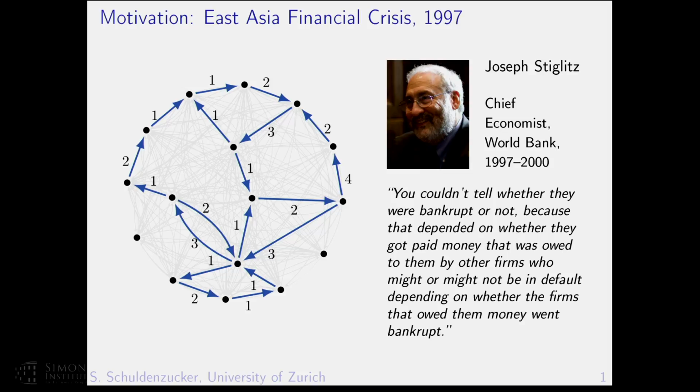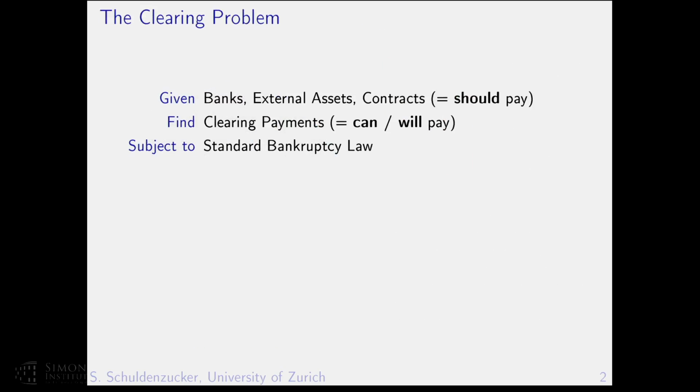Formally, what Stiglitz wanted to solve and couldn't is what we call the clearing problem. We are given a set of banks. The banks have some assets that are external to the financial system, for example, stock. We're just going to model this as cash in the following. There's a set of contracts between the banks that define what the banks should pay to each other. We are then looking for the collection of what we call clearing payments that describe what the banks actually can pay or will pay to each other, subject to the standard bankruptcy regulations.